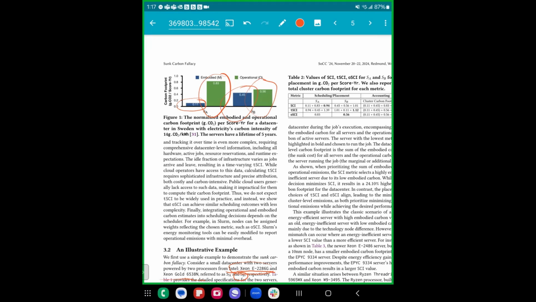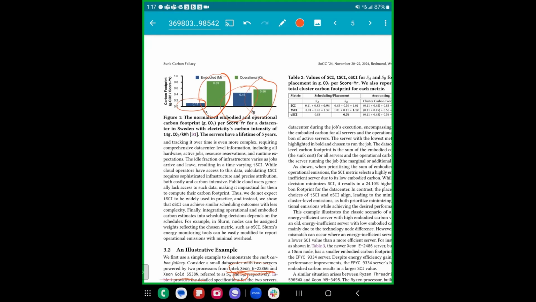Intel was struggling with adjusting to newer process nodes and whatnot, right? So all kinds of things. The fact that it's a bigger CPU as well, right? So its embodied footprint is much bigger than the older CPU's. And it's based on the 5-year lifespan of the device, right?